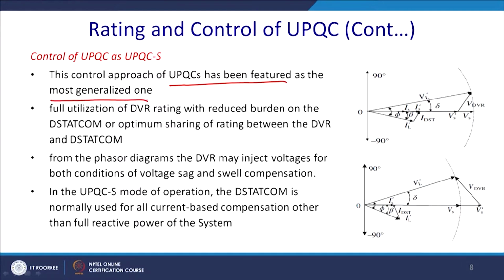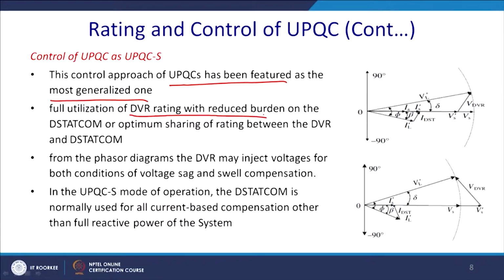The apparent power of the UPQC is fixed, that is the VA rating of the system is fixed. So, there is full utilization of the DVR rating with reduced burden on the DSTATCOM, or optimum sharing of the rating between the DVR and the DSTATCOM. So, here it is possible that the overall rating of the system is minimized.